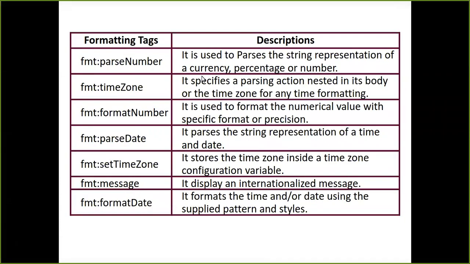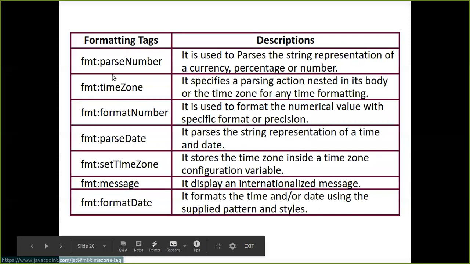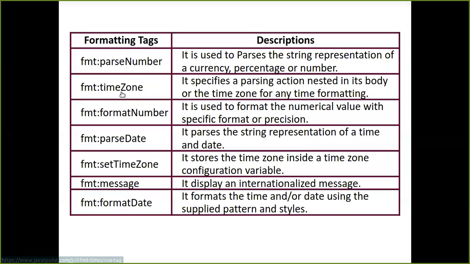Now we have a number of formatting tags available. As I told you, they generally work with time and date, formatting the date and the time, and formatting messages. We'll see a few of them with an example. I have time zone, and I have format number, which means we can use any format that gives a specific format or precision to the number.